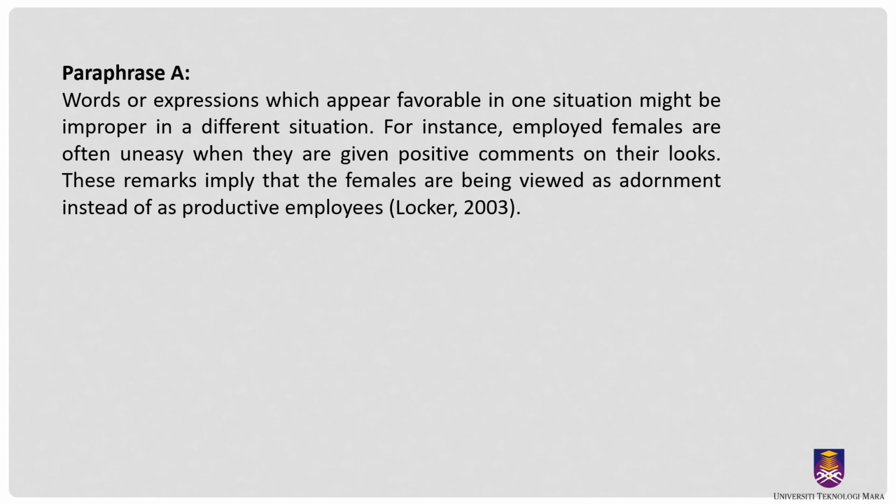Now let's see paraphrase A based on the earlier passage. Paraphrase A: Words or expressions which appear favorable in one situation might be improper in a different situation. For instance, employed females are often uneasy when they are given positive comments on their looks. These remarks imply that the females are being viewed as adornment instead of as productive employees, according to Locker 2003.